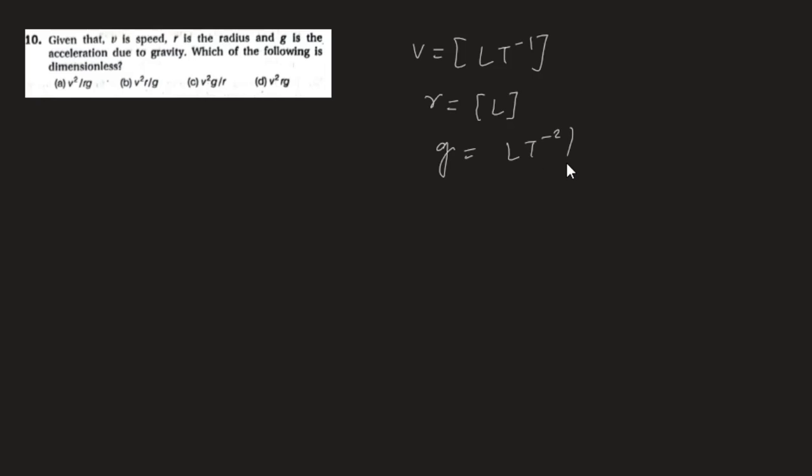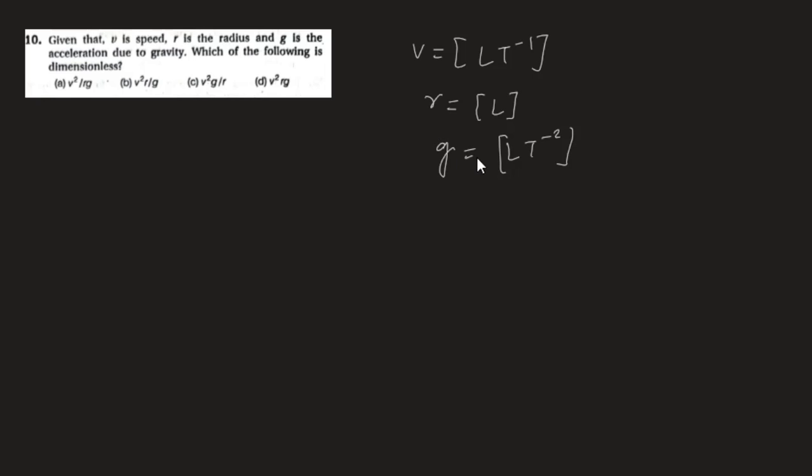First thing is that we have to cancel everything, right? So if I want to cancel the time part of g and the time part of velocity, then it is sure that if v is in the numerator, then g will be in the denominator, and if g is in the numerator, then v will be in the denominator.